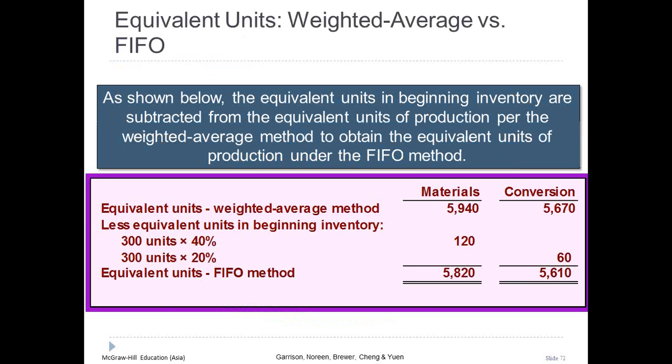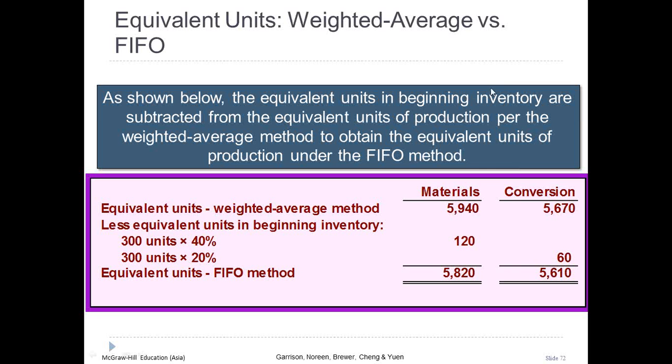The FIFO method removes the equivalent units that were already in beginning inventory from the equivalent units as defined using the weighted average method. Thus, the FIFO method isolates the equivalent units due to work performed during the current period. So let's show this via the Smith Company example.